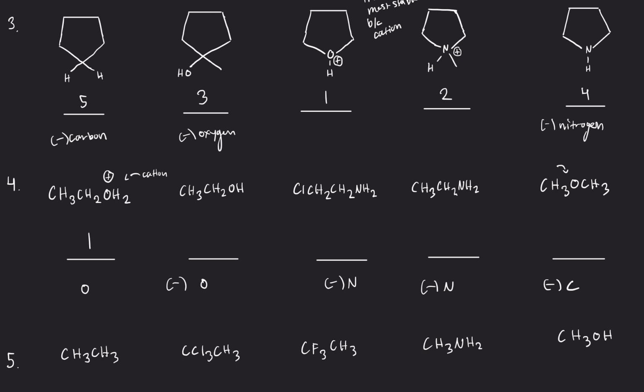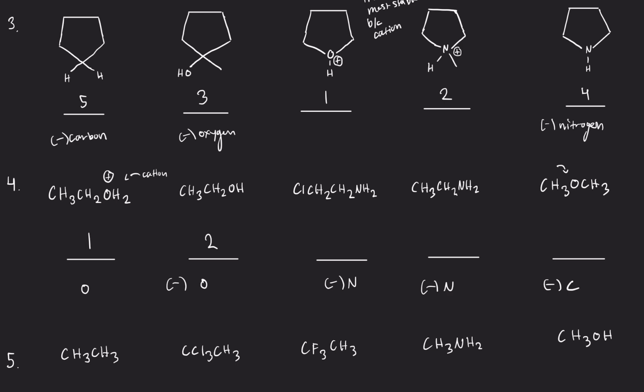So we established that this first one is number 1 because it's a cation. Comparing these other ones, I have an oxygen negative here and 2 nitrogens and a carbon. So the other oxygen is going to be number 2. Then I have 2 nitrogens and a negative carbon. Carbon is usually the least stable if it has a negative charge. So now we're looking at these 2 nitrogens, the 2 conjugate bases of these 2 molecules.